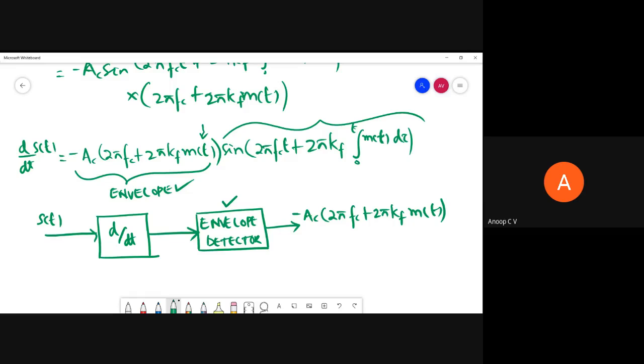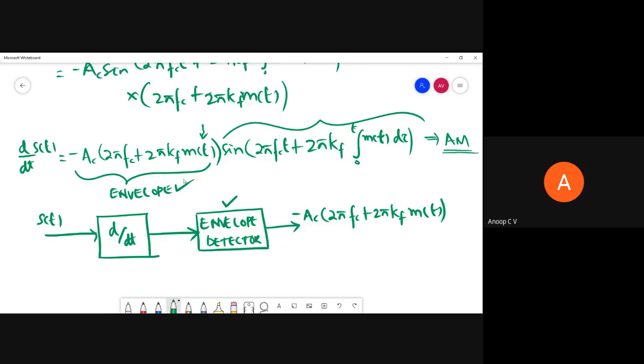So for this demodulation scheme to work, you can see this as an AM signal, and it should not have any phase reversal. I'm just telling you to see it as an AM signal; it's not exactly an AM signal.